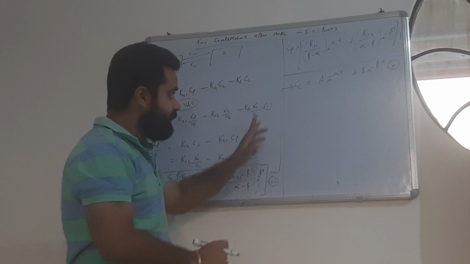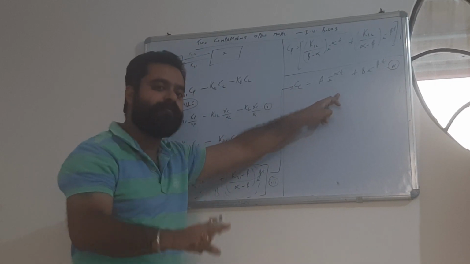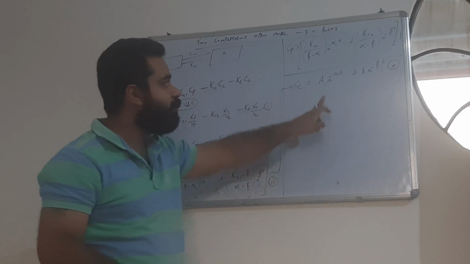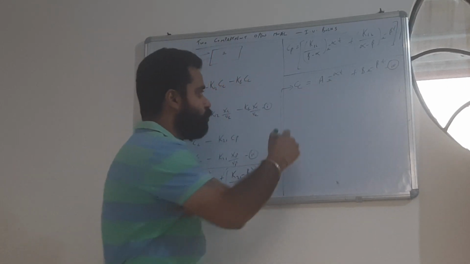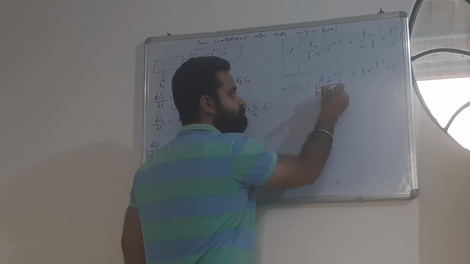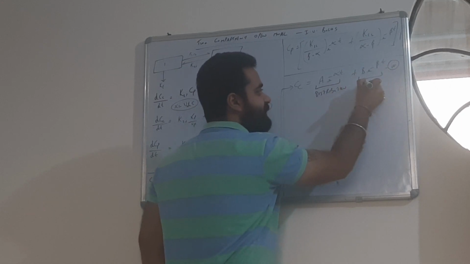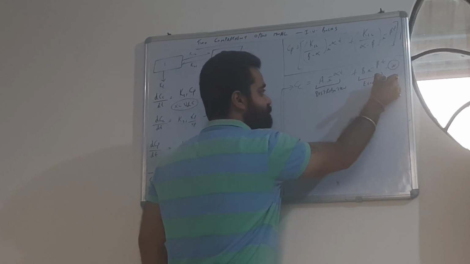Now, this is a bi-exponential equation which can be resolved by using the method of residuals into individual components alpha and beta. Do remember that this part represents the distribution phase, while this part represents the elimination.